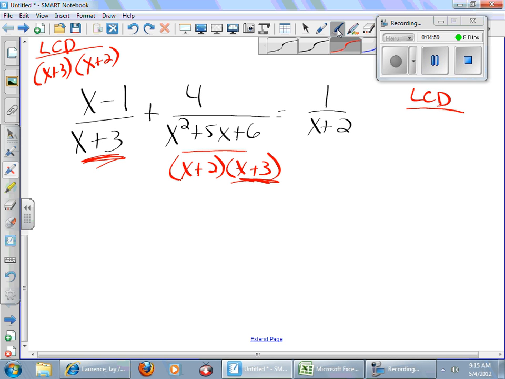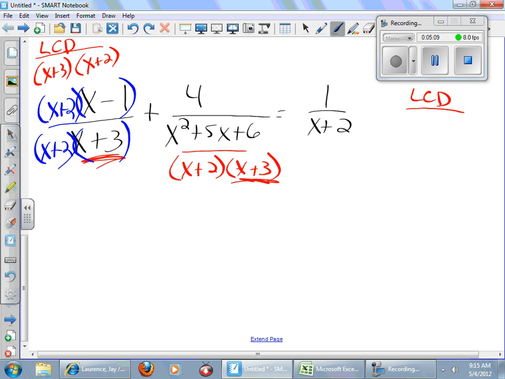All right, so I'm going to multiply this by x plus 2 and by x plus 2. And my numerator of the left fraction will become x squared plus x minus 2.